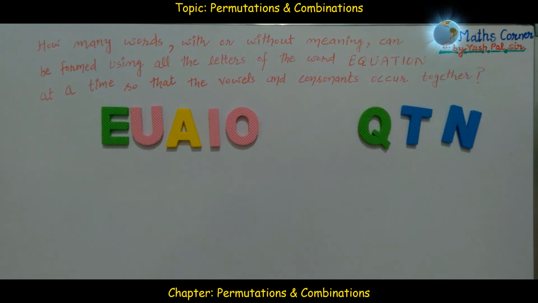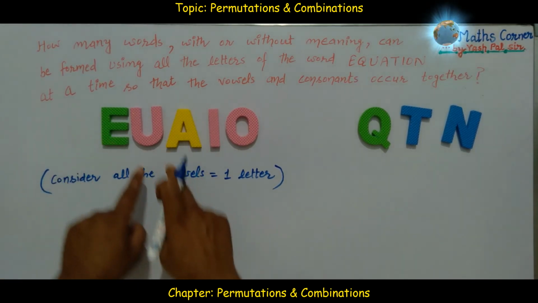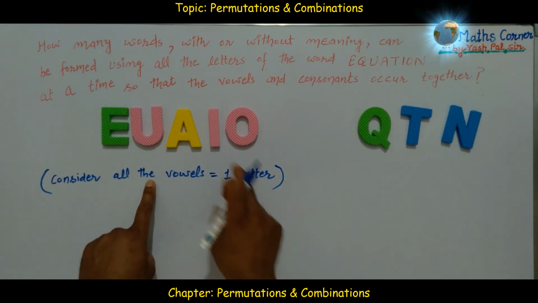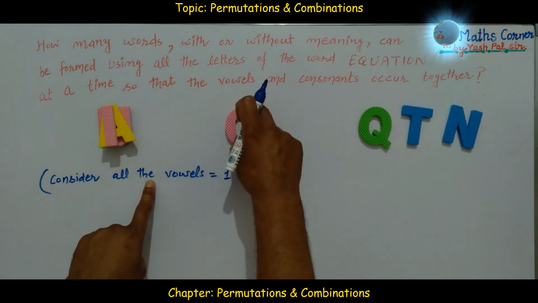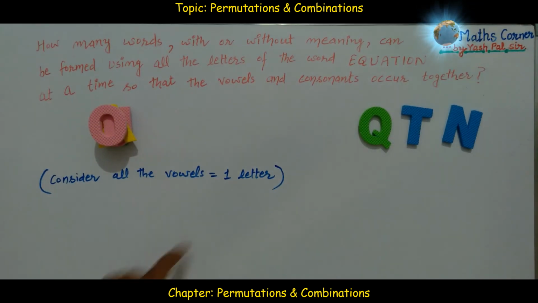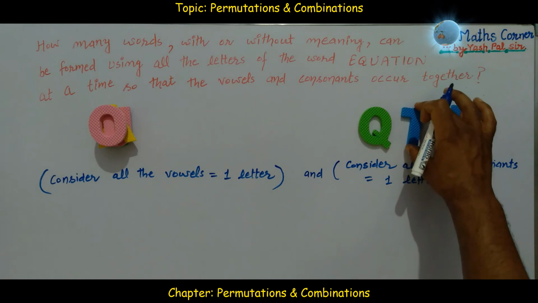First of all, consider all these vowels equal to one letter. So 5 vowels, we assume them to be one letter. Likewise here, consider all the consonants equal to one letter, this way.